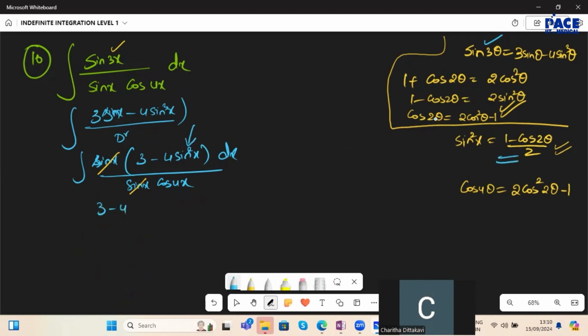Observe carefully, 3 minus 4 times sin square x is (1 minus cos 2x) by 2, whole divided by cos 4x, right? This gets cancelled. Now 3 minus 2, which is nothing but 1, minus of minus plus 2 cos 2x, isn't it? Now we will be able to get 1 by cos 4x, here also by cos 4x.